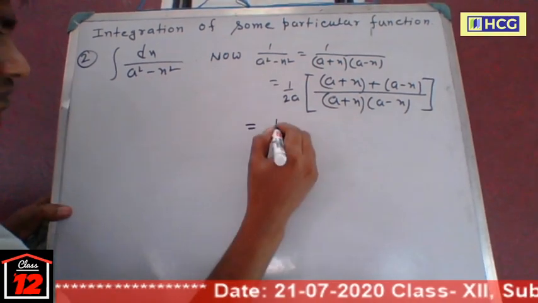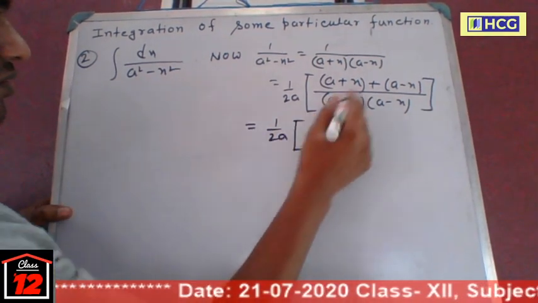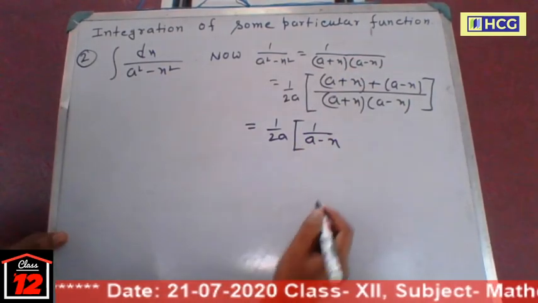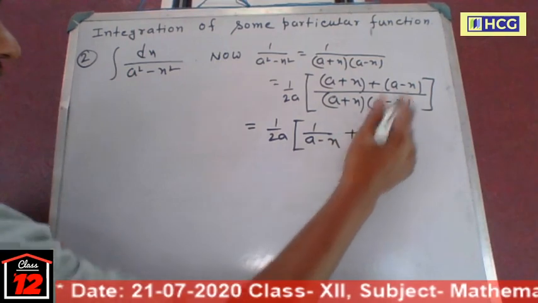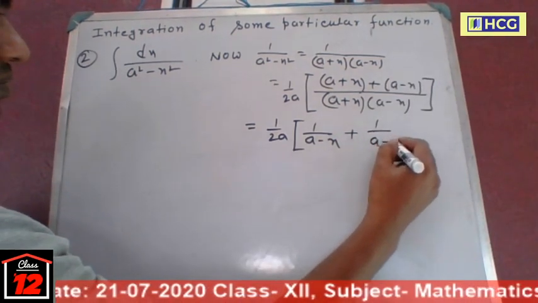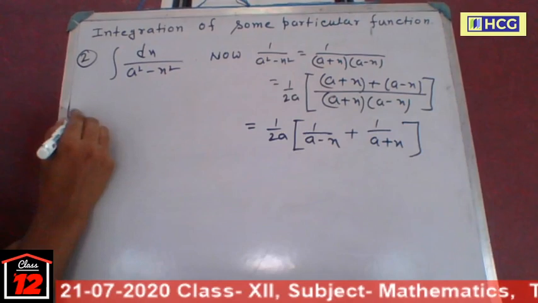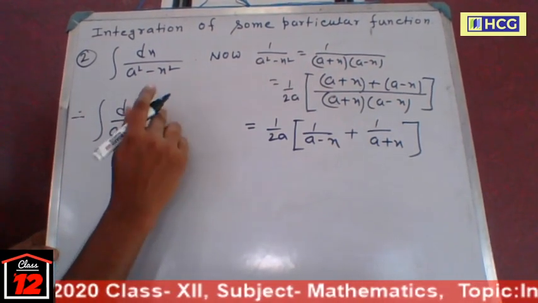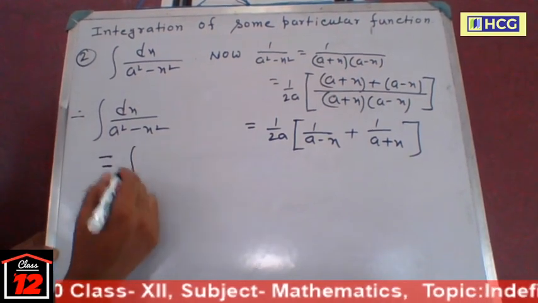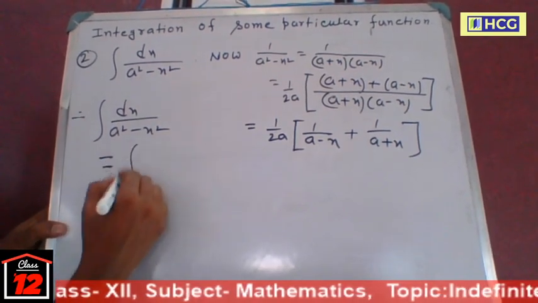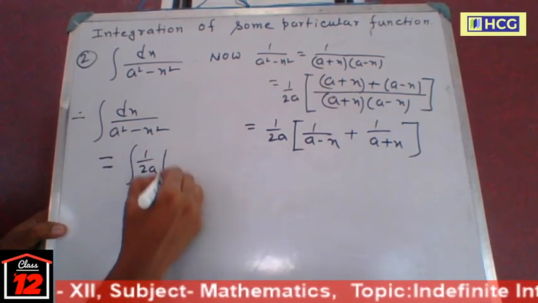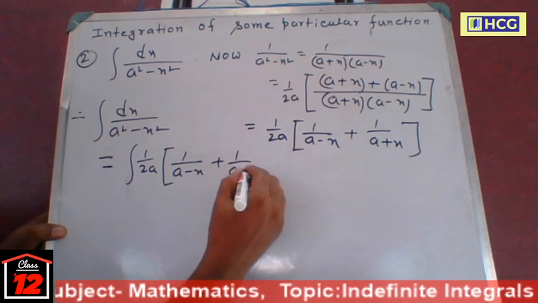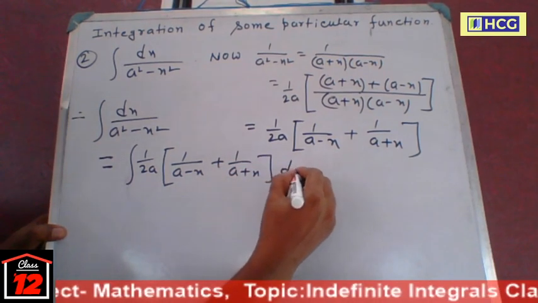Now split them: 1 by 2a into 1 by a minus x plus 1 by a plus x, since a plus x cancels in the first term and a minus x cancels in the second. So the integral dx by a square minus x square equals integration of 1 by 2a into 1 by a minus x plus 1 by a plus x, dx.